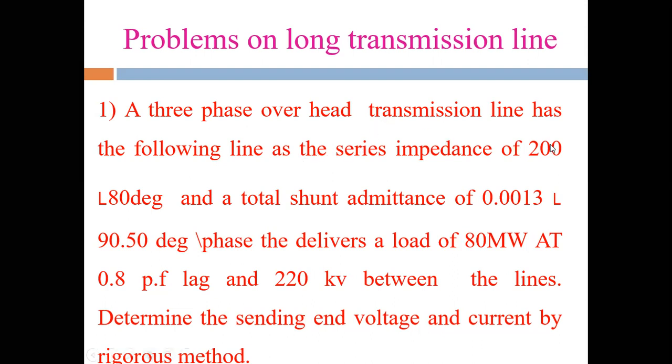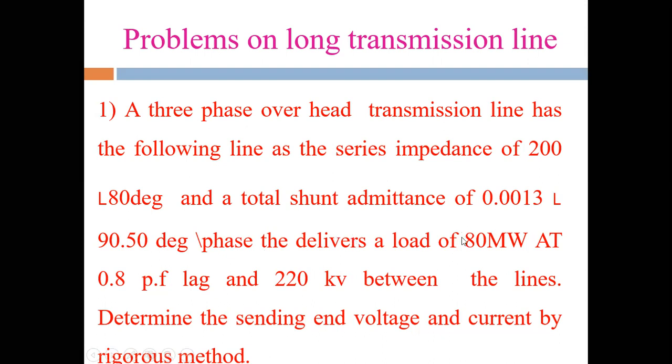First, what is the given data: Z is equal to 200 at an angle of 80 degrees, and the total shunt admittance Y is equal to 0.0013 at an angle of 90.50 degrees per phase.